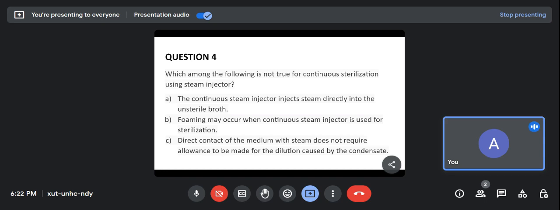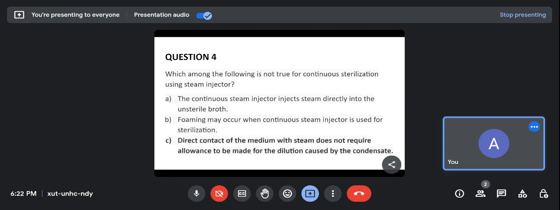B is foaming may occur when a continuous steam injector is used for sterilization. And C is direct contact of the medium with steam does not require allowance to be made for the dilution caused by the condensate. So which is not true? There is only one option, or there could be more also, depending.